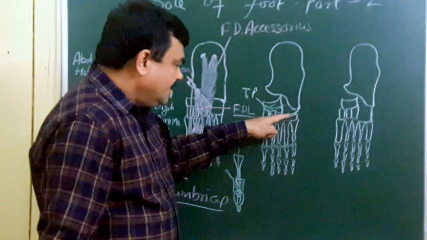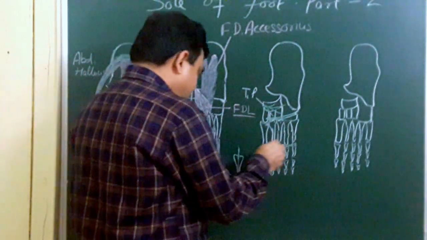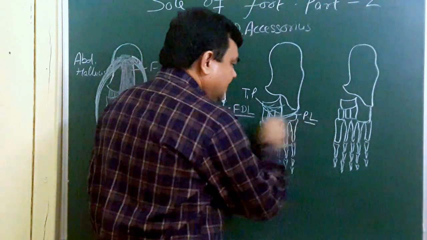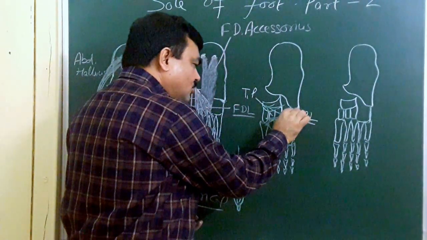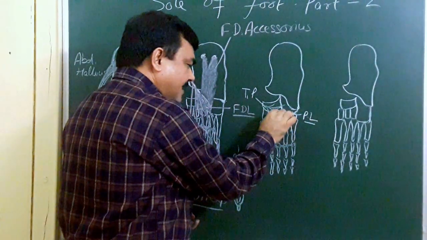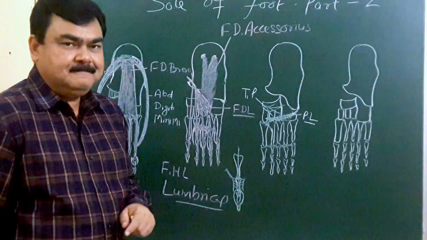And here is the long tendon of peroneus longus. This tendon passes through an osseofibrous tunnel like this.